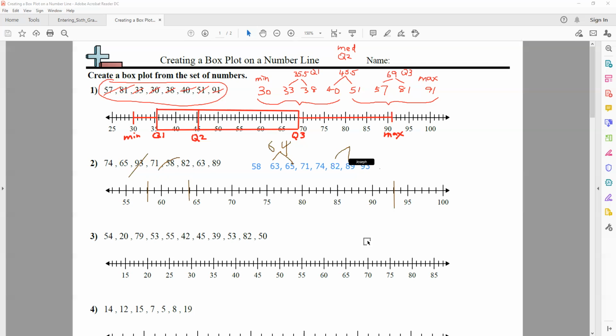So 82 and 89, what is that? 85.5. Yeah. Okay, good.